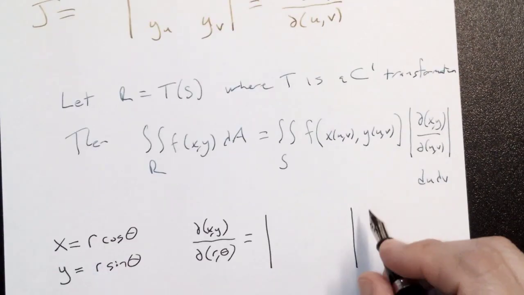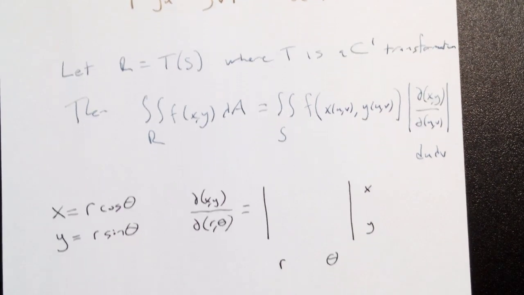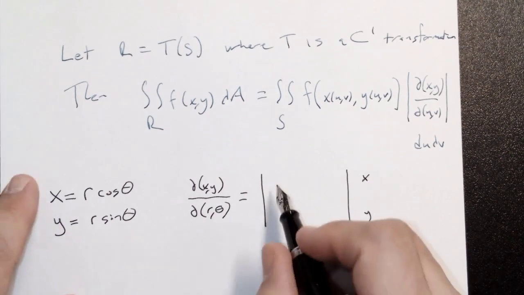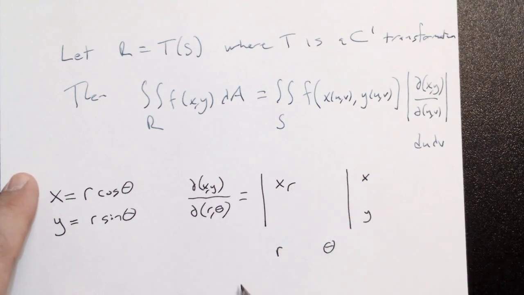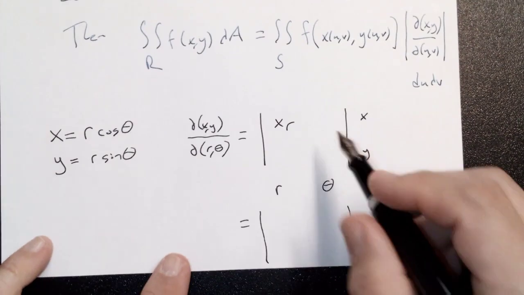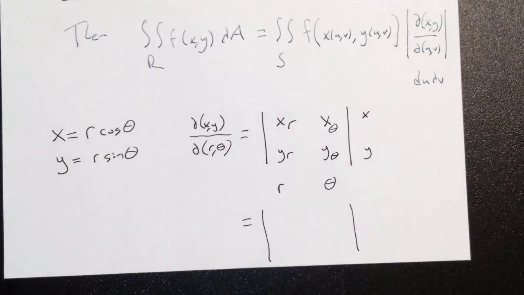So here, I'm going to get an x row and a y row. I'm going to get an r column and a theta column. So I need the derivative of x with respect to r. What is x with respect to r? Partial derivative time.